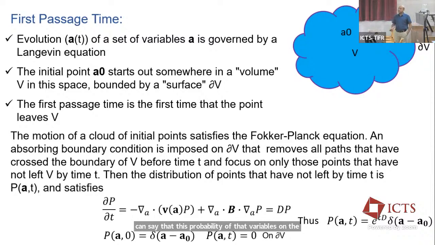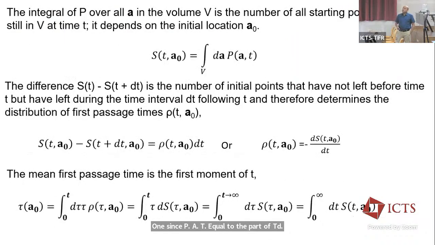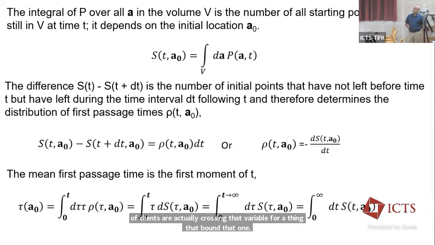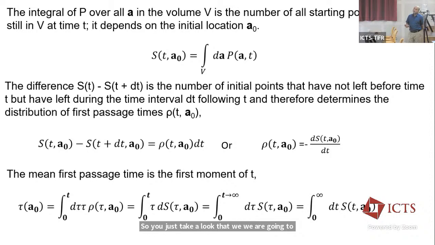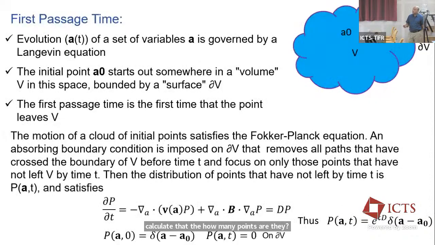Once we give that prescription, the formal solution of this partial differential equation looks like P(A,t) = e^{tD} delta(A - A0). Now the question is how many such points are crossing that boundary. We are going to calculate how many points are there that have not left yet.